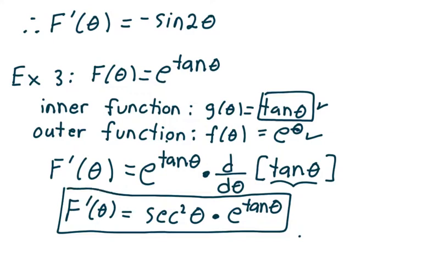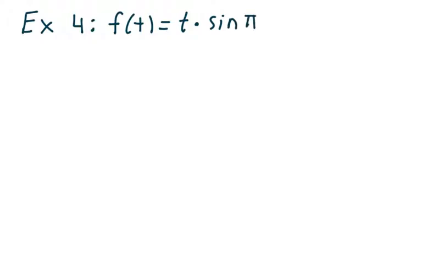And they take practice, and it takes time to get faster at them, but it does happen, okay? So if we want to take a look at example 4, suppose I had f of t equals t times sine pi t.